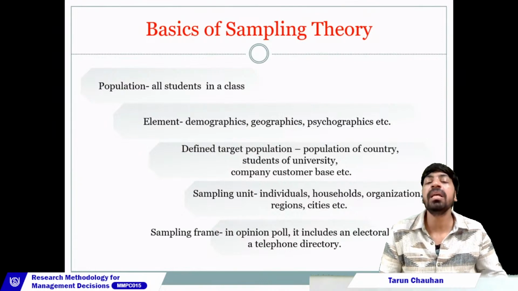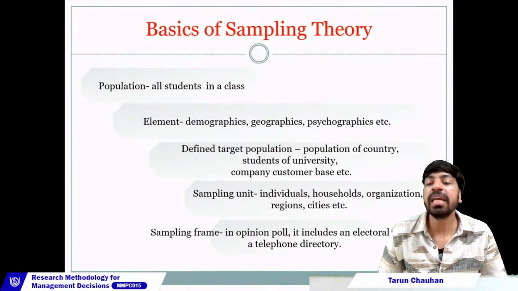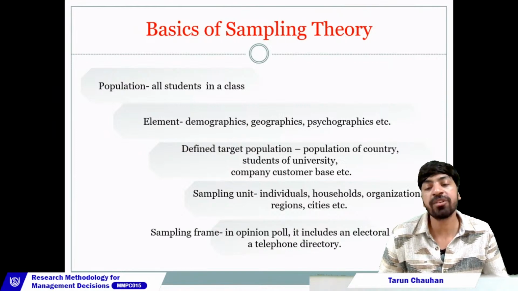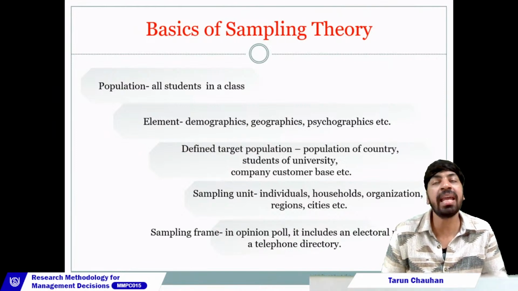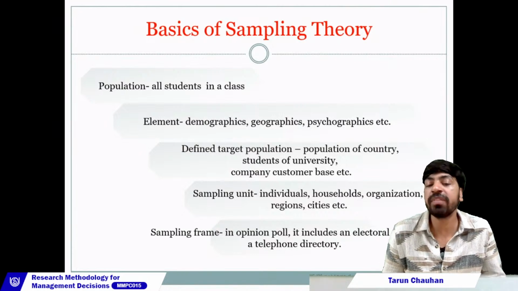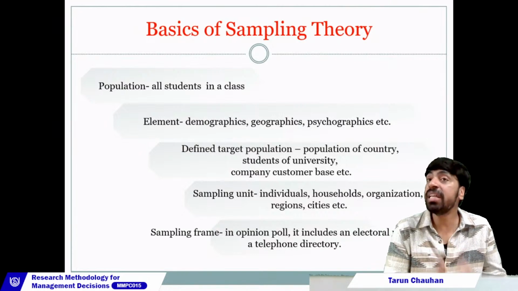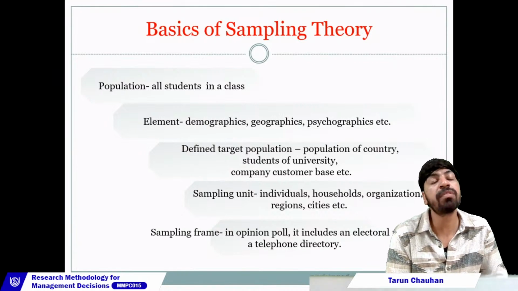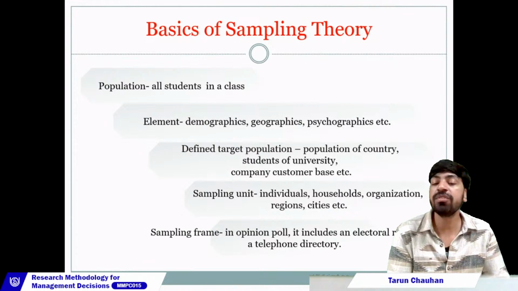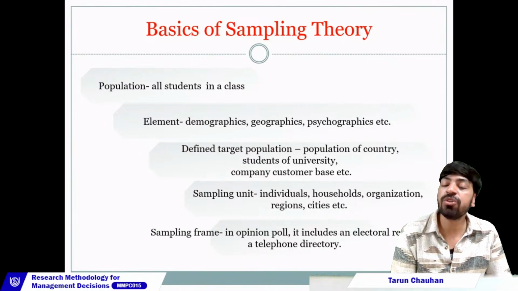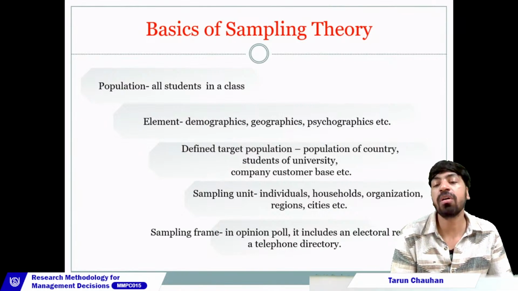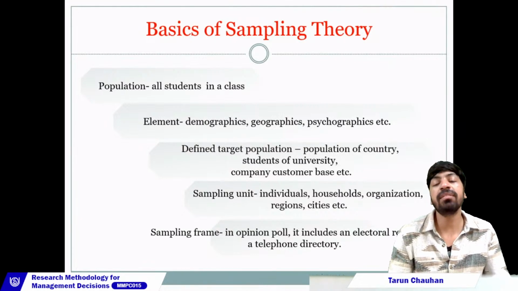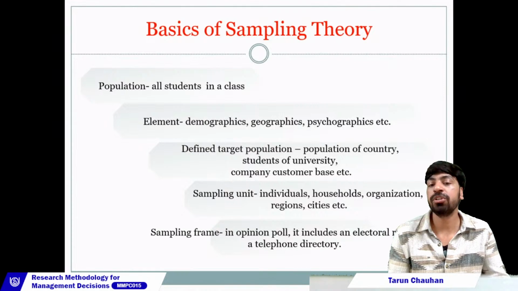For example, in an opinion poll, it includes the electoral register or a telephone directory. So both would be included. A researcher can use any one of them when he is willing to study the opinion poll of respondents, of participants, of individuals or the population of a country when it comes to collecting the data. So that's the frame that he has to use.